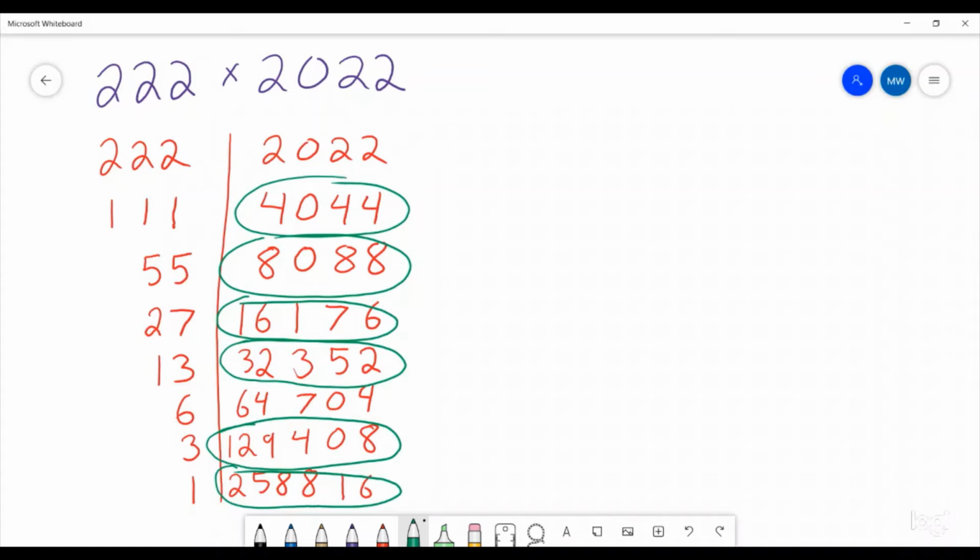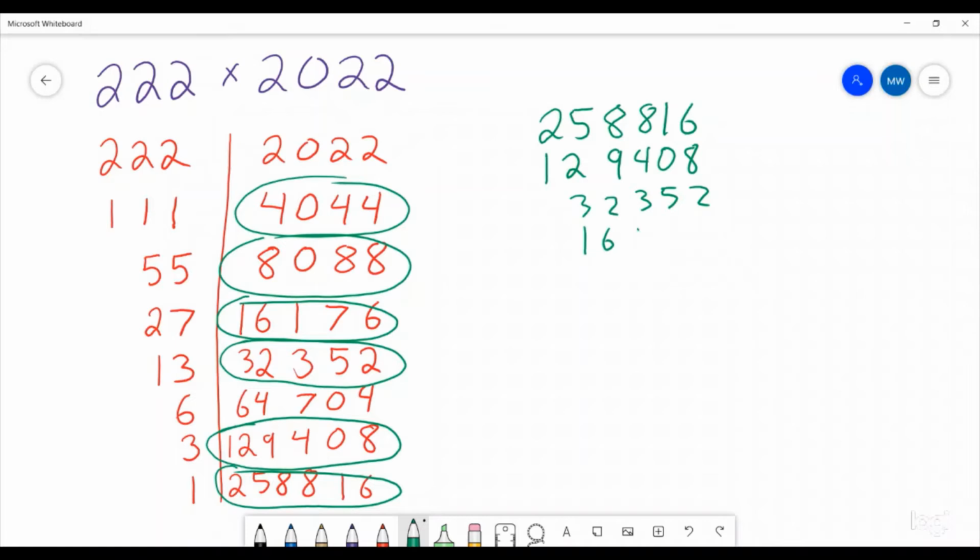Well, we're going to take those numbers and add them all up. So we got 129,408, 32,352, 16,176, 8,088, and 4,044. And we're going to just add these all up together and see what we get.